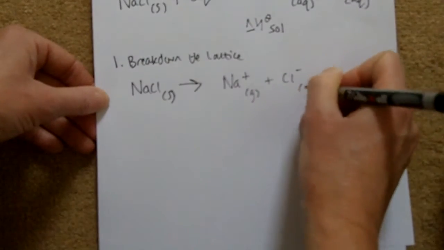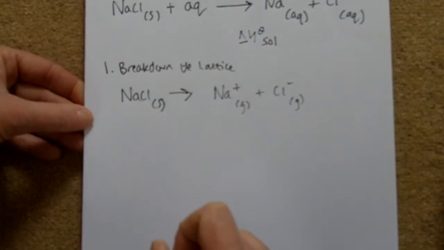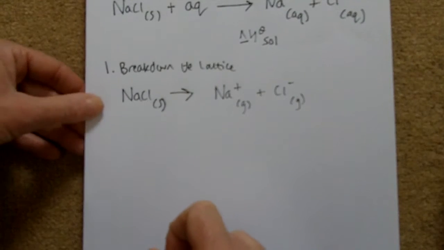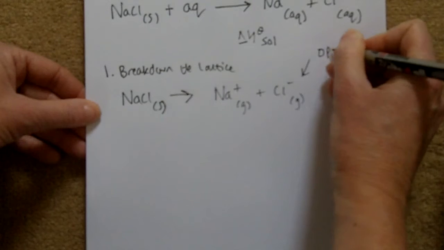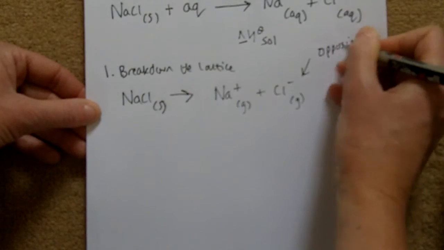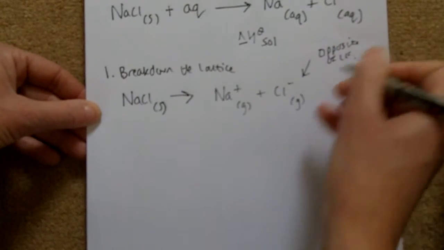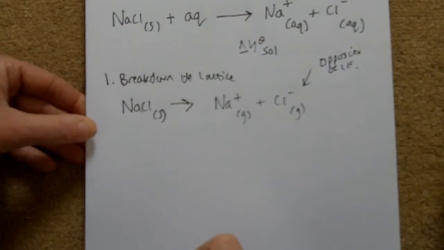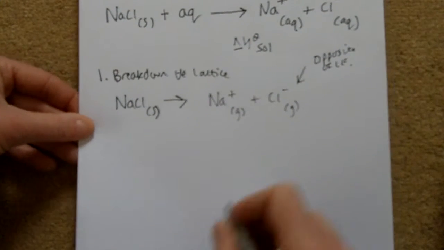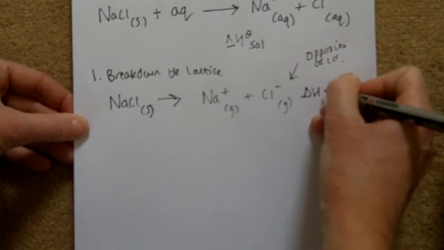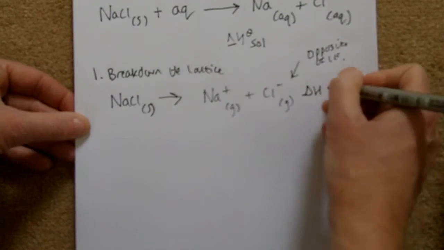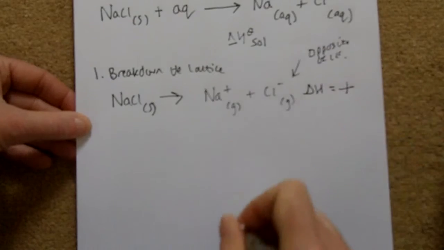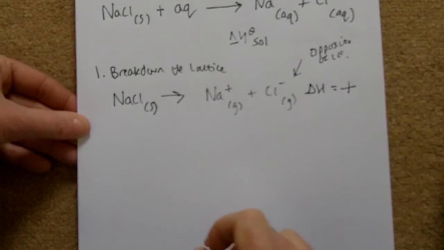Now do you recognize this equation here? Okay, this equation is the opposite of lattice enthalpy. You're breaking down the lattice, yeah? This step here will always be endothermic because you're breaking down a lattice.